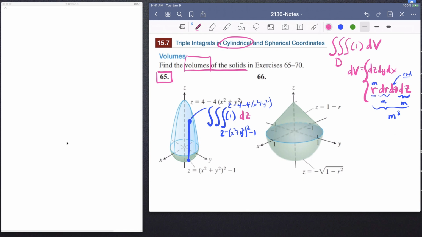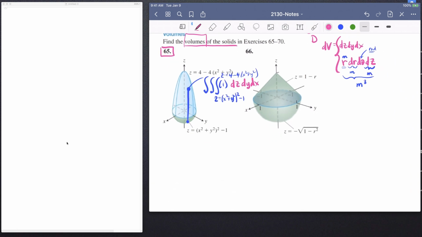And then if you tried to stay in rectangular coordinates, we would have to look at what's going on in the xy plane. We would need to look at when these two paraboloids intersect each other, which is when their z values are the same. We can see that they intersect in the z equals 0 plane.